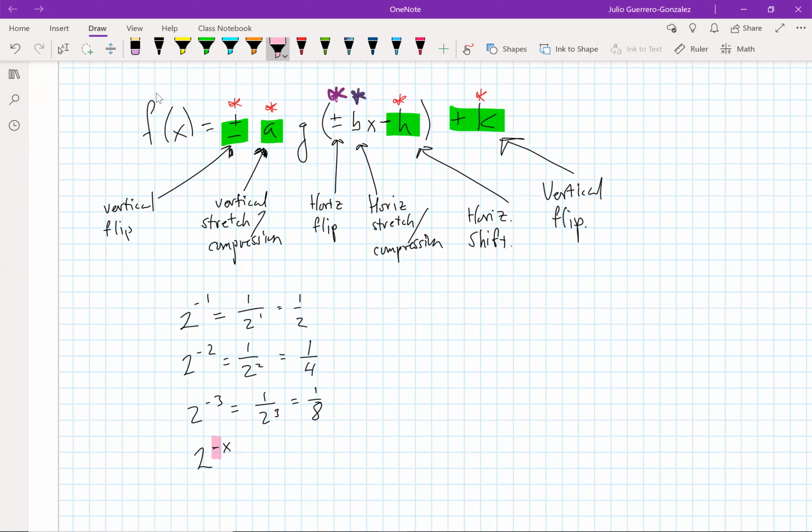Doesn't it make all the x values negative? Yes, but according to the stuff up above it, does it make it a fraction? A horizontal flip. Right. Now, see, this is what I'm saying. That negative right there is the horizontal flip.